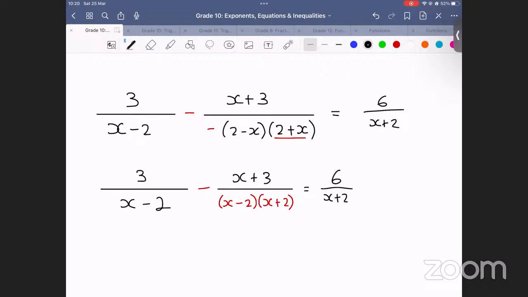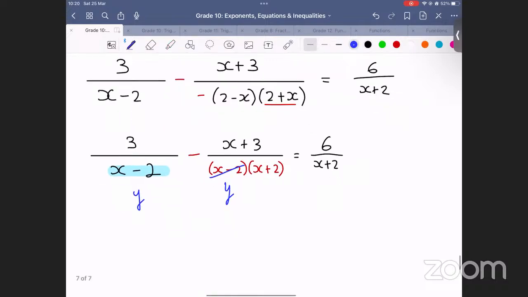Now, many people get confused. Like, how in the world do you find the lowest common denominator between these fractions? It's really simple. You should treat each factor or bracket like a variable. So let's just say we assign x minus 2 to y, and this is also y. And then we can assign x plus 2 to x, so this would also be x.